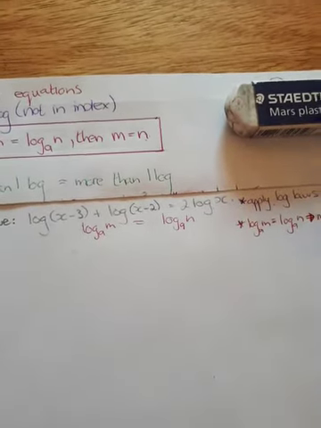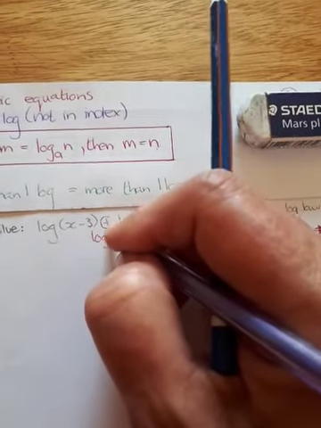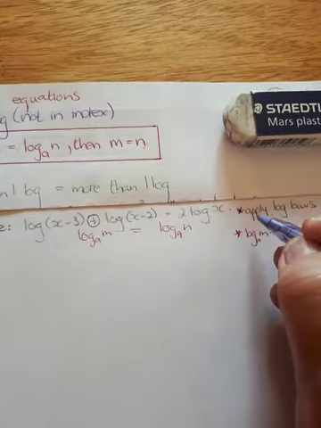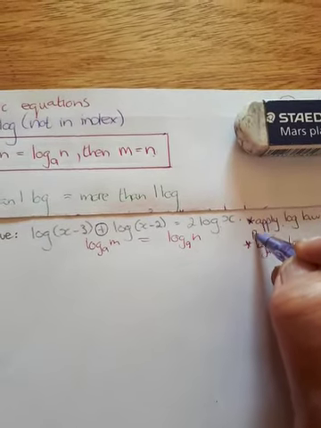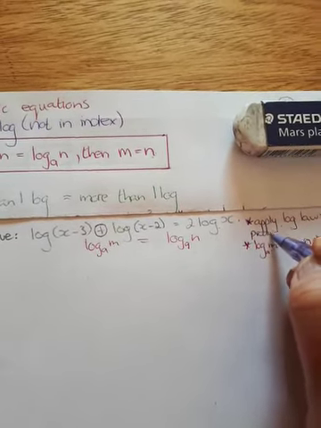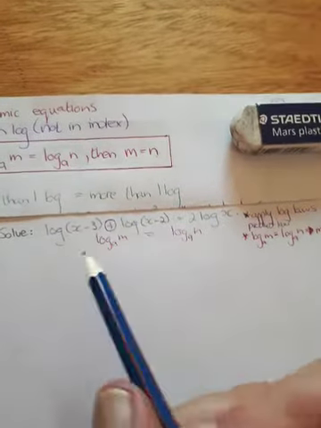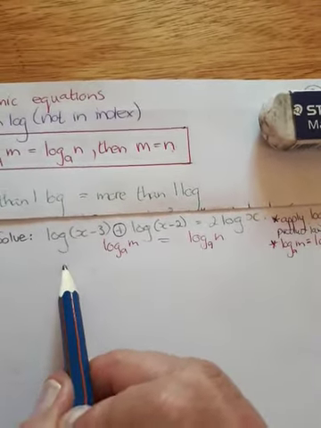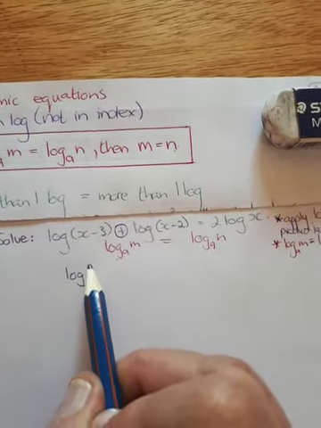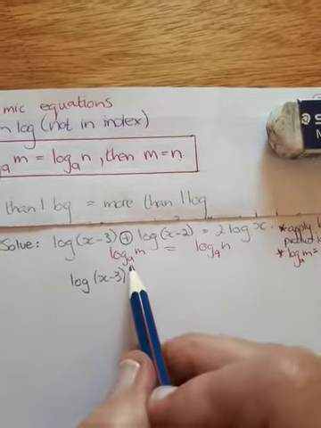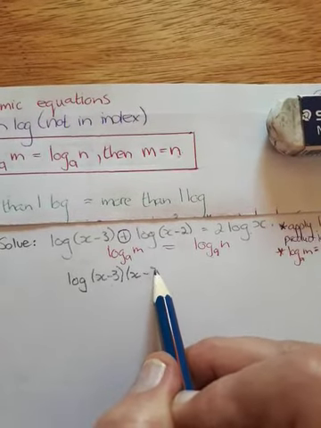So number one, you must recognize the sum. And the sum we now know is the product law. So we're going to apply the product law to the left-hand side. This becomes a single log of (x minus 3) times (x minus 2).